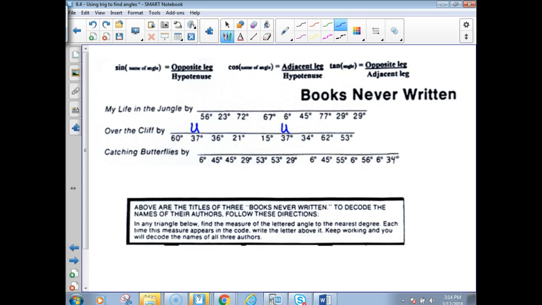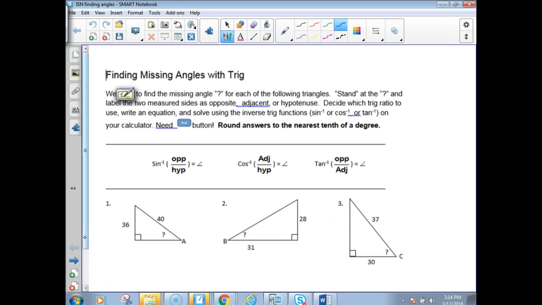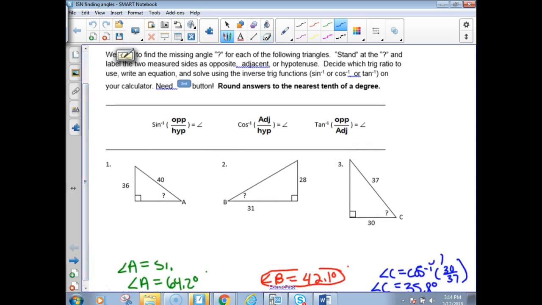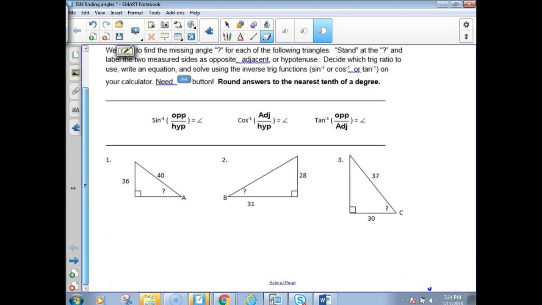Now, let's go, please, to the ISN. So you have your examples in there. It won't take us too long. I got a couple word problems I want you to have. Since we already learned just now how to find the missing angles, let's get these set up and show in our ISN what we did.